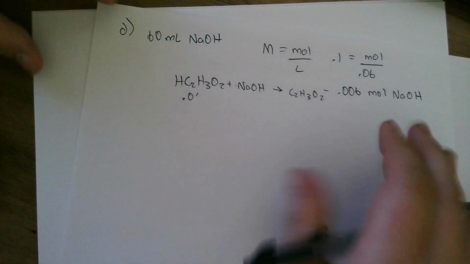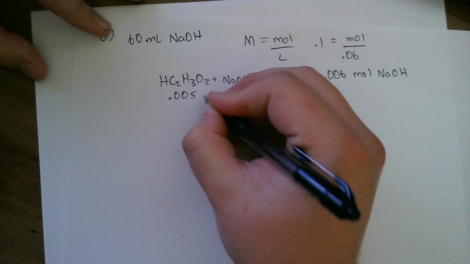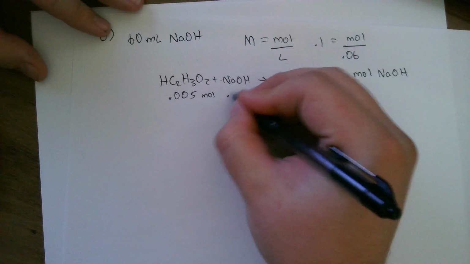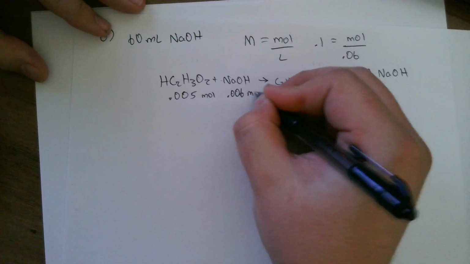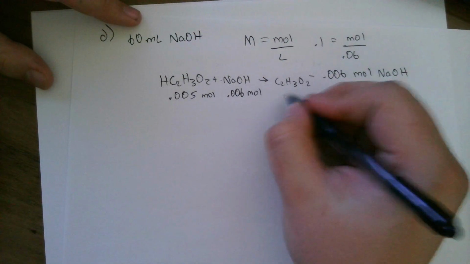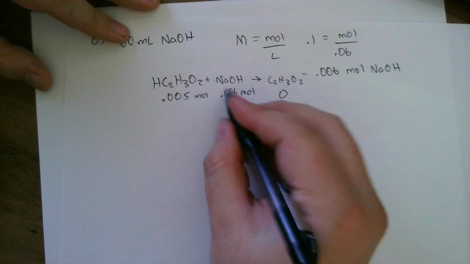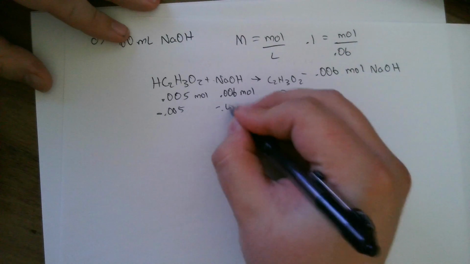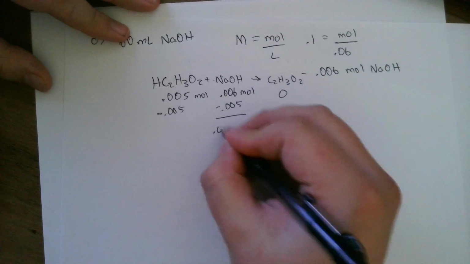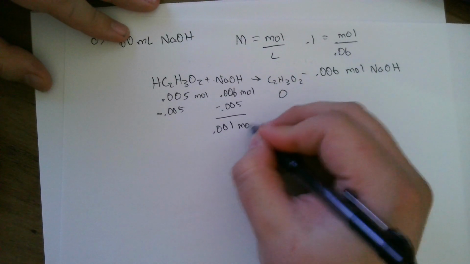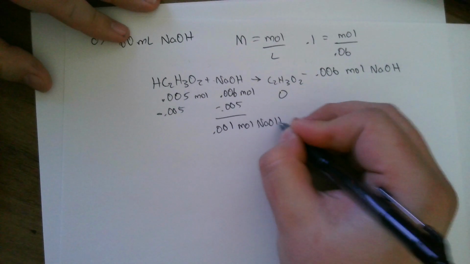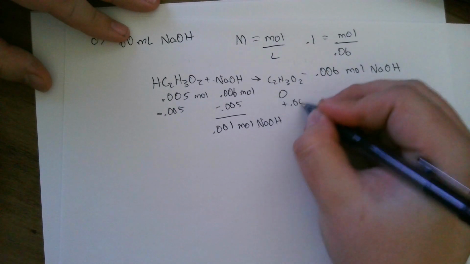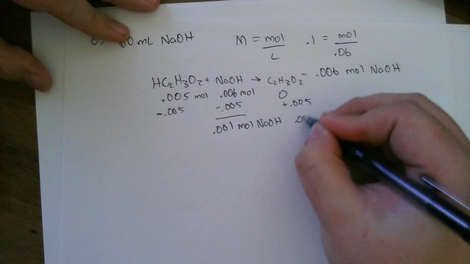Yeah. Now I actually have more NaOH than my starting acetic acid. So when these neutralize, I'm going to be left with a little bit of NaOH, and a little bit of my acetic acid as well.